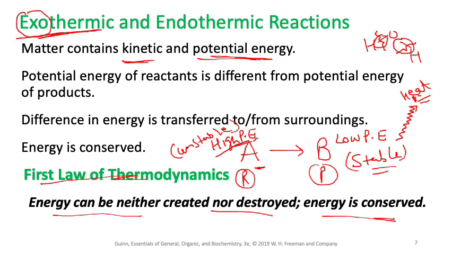Similarly, for endothermic reaction, what is meant by endo? Endo means inside. Whenever energy is being absorbed by the reactant or by the reaction, we call that an endothermic reaction. These are the two important types of reaction, so make sure you know the difference.